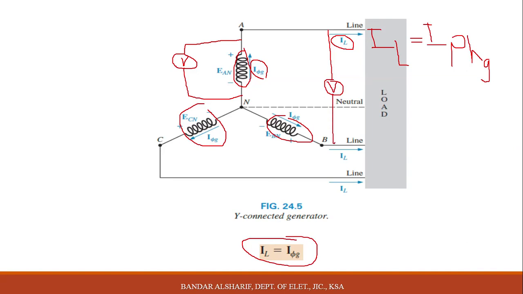This will give you voltage VAB, and here you will get another voltage, which is VBC. And we can draw from A to C voltage VCA. Now we distinguish between voltage line, current line, current phase, and voltage phase.